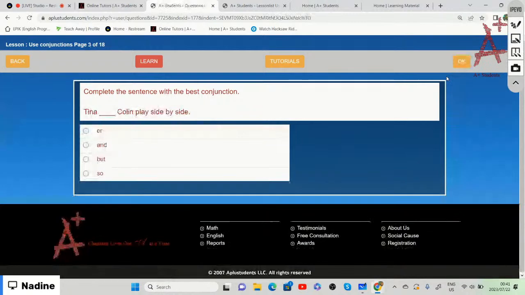Tina, Colin play side by side. So is it Tina or Colin play side by side? Tina and Colin play side by side. Tina but Colin play side by side. Or Tina so Colin play side by side. We need to complete the sentence with the best conjunction.